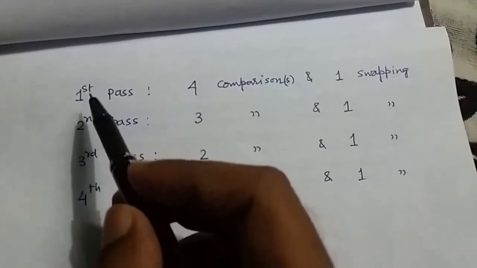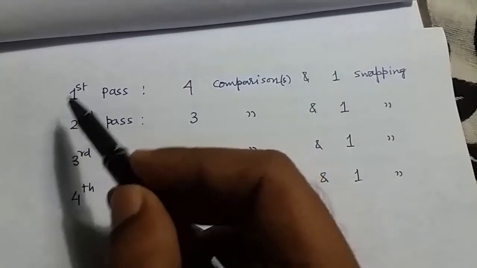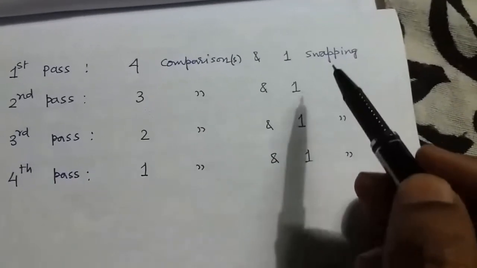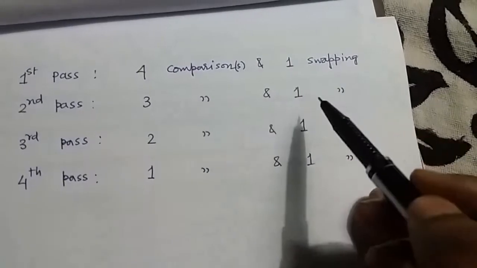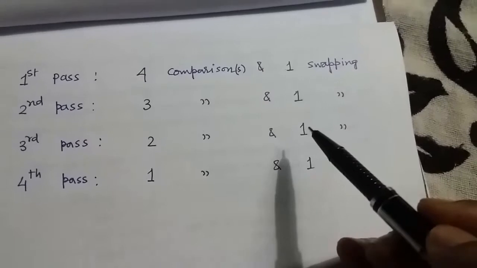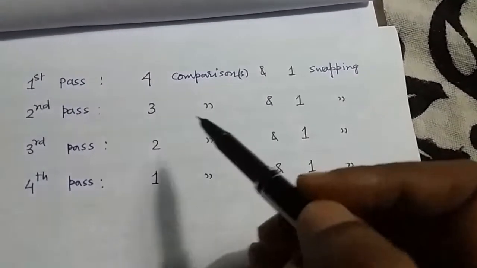And you can see the first pass, second pass, third pass, fourth pass. So these passes will be controlled by the outer loop. And here the number of swapping also remains constant, that is only 1. So this swapping will also be conducted in the outer loop, but after the comparison.